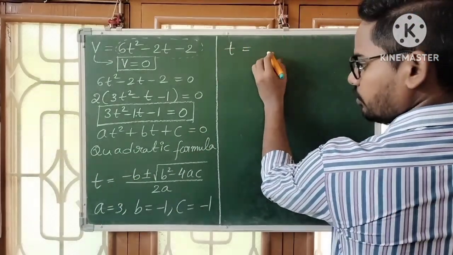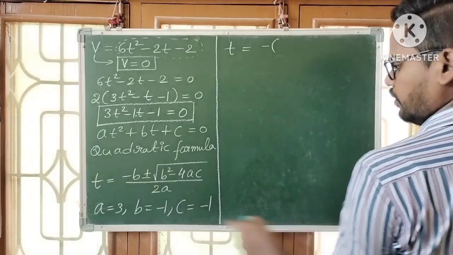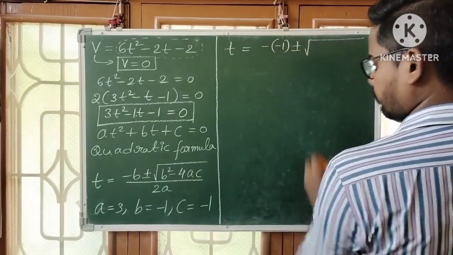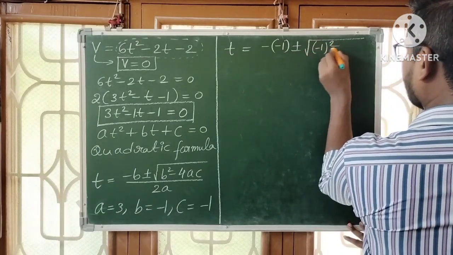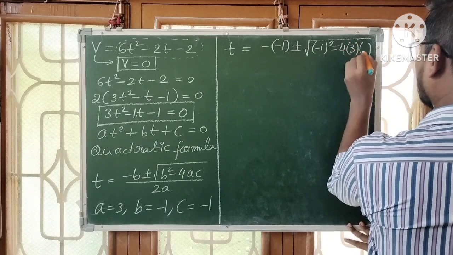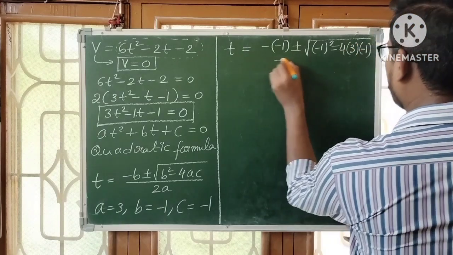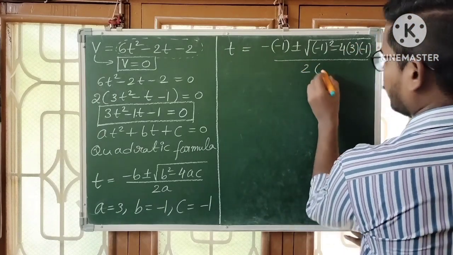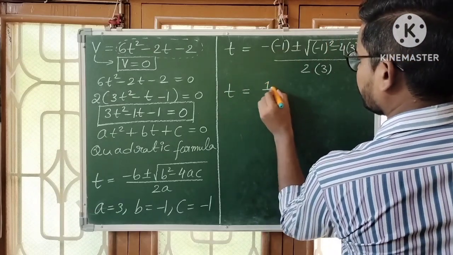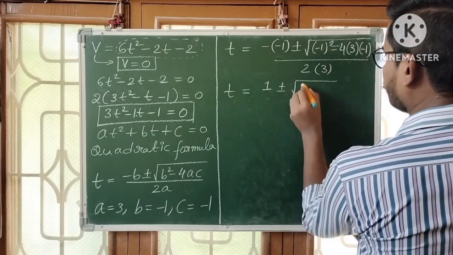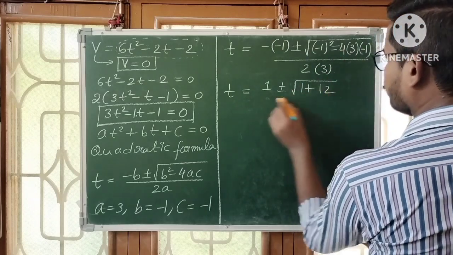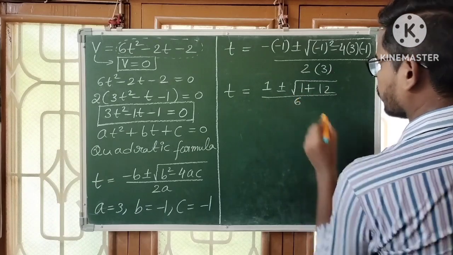t is equal to minus of the b value, minus of minus 1, plus or minus root over b square, minus 1 square, minus 4ac. The a value is 3 and the c value is minus 1, whole divided by 2 into a, 2 into 3. So t is equal to minus into minus is plus, so 1 plus or minus root over 1 square, which is 1, minus into minus is plus 4 threes are 12, whole divided by 2 threes are 6.